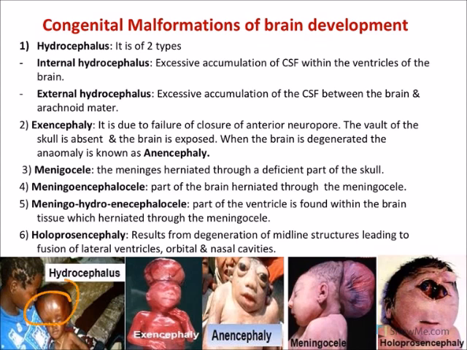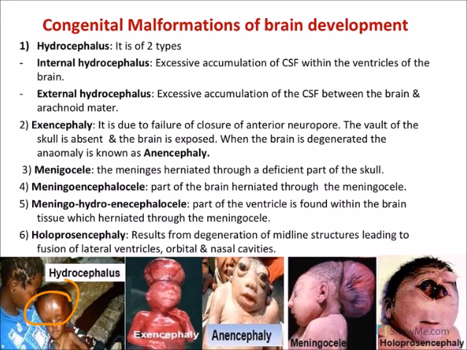And if you remember, it is divided into two types, internal or external. In case of internal hydrocephalus, the cerebrospinal fluid is accumulating inside the cavity of the lateral ventricle or in the cavity of the telencephalic vesicles.